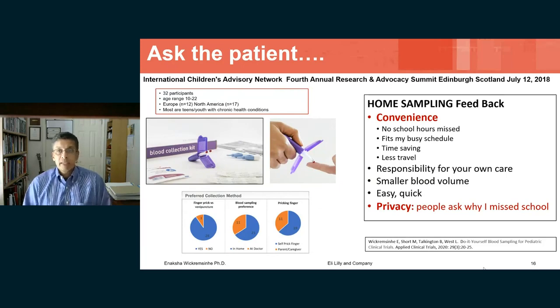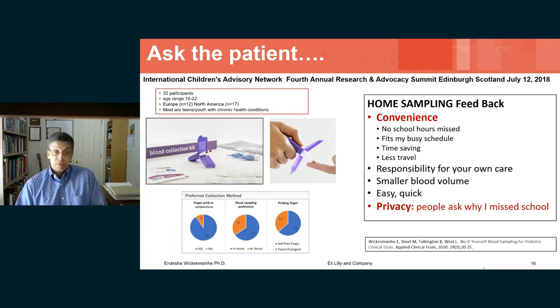So this is something that we did several years ago in 2018 at the International Children's Advisory Network Summit in Scotland. We were able to actually engage with pediatric patients, and we took one of these sampling kits and did a demonstration, gave them to play around with it without sticking themselves, and asked the questions.